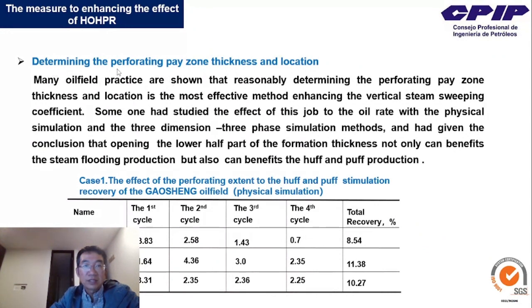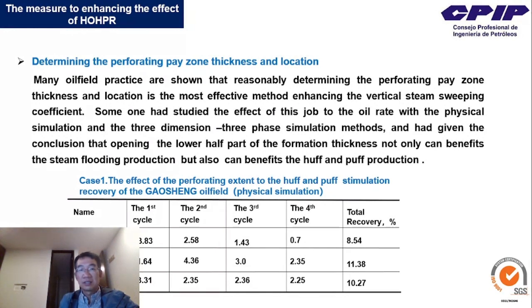And determine the perforating pay zone thickness and location. Many oil field practices have shown that reasonably determining the perforating pay zone thickness and location is the most effective method of enhancing the vertical steam sweeping efficiency.